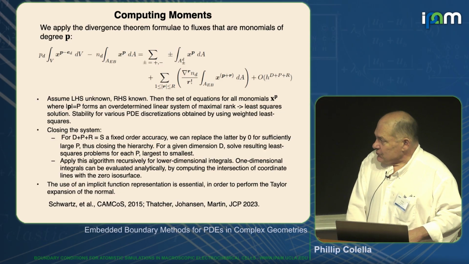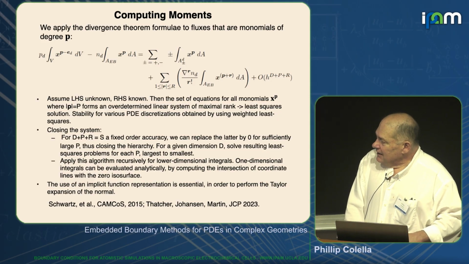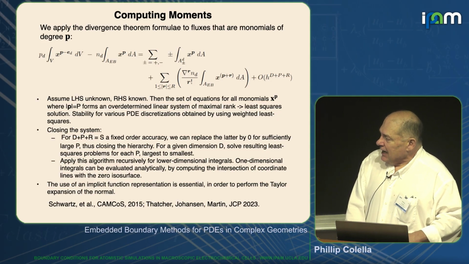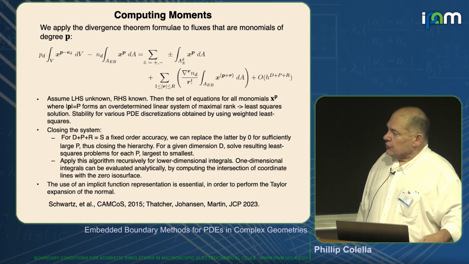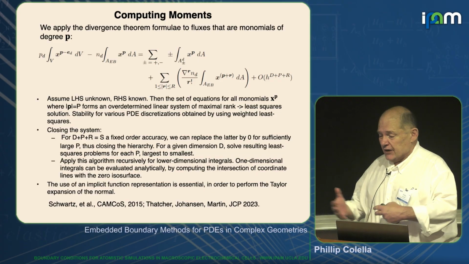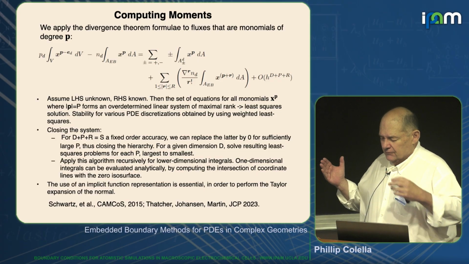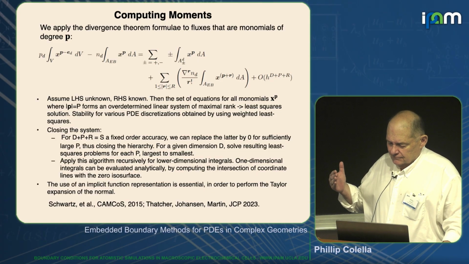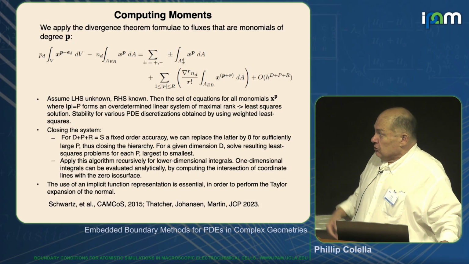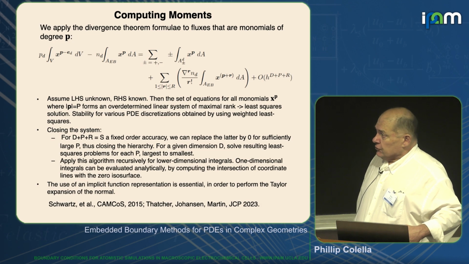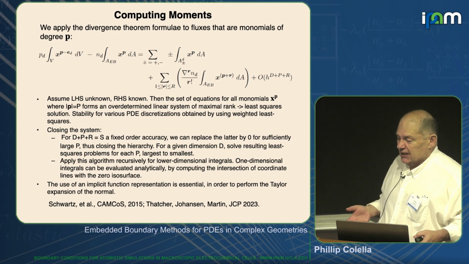So why have I written it this way? Well, these terms here I think of as being hard. Why? Because this is the integral over a volume. Well, that's the integral of a monomial, to be sure, but it's the integral over an arbitrarily complicated irregular region.